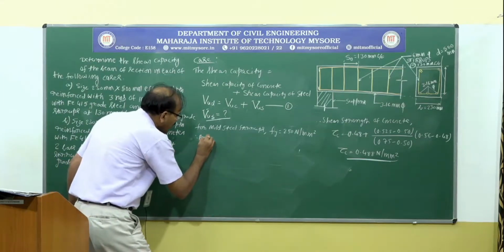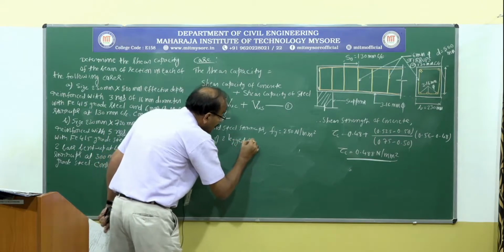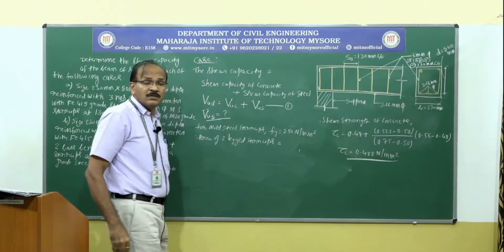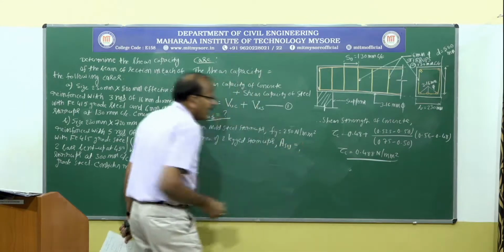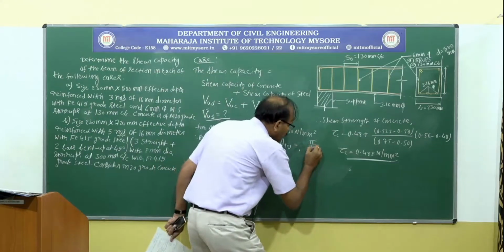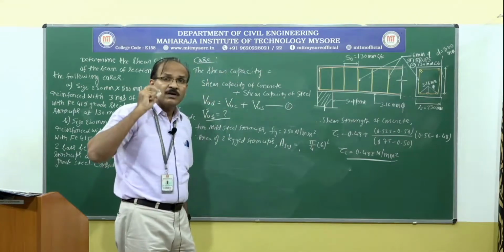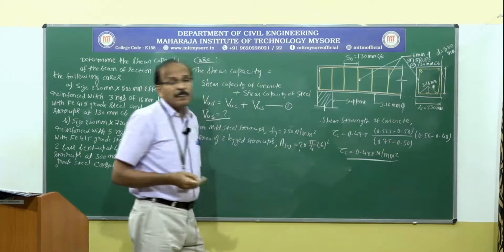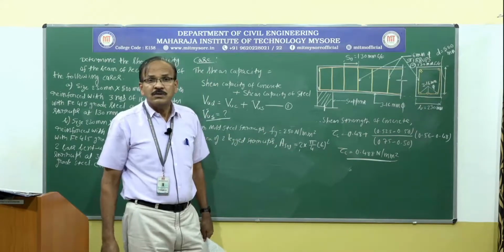Therefore, area of two-legged stirrups, so I am going to write ASV as in the code book, pi by 4 multiplied by 6 square will give you the area of cross section of each leg. If I multiply that value by 2, because I am going to get the area of cross section equal to 2 times.